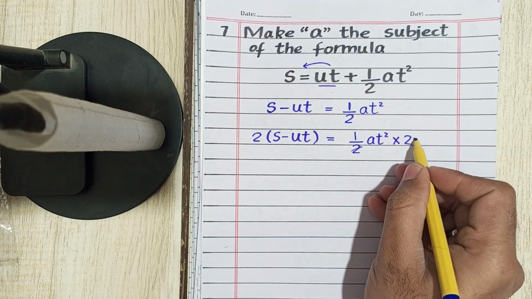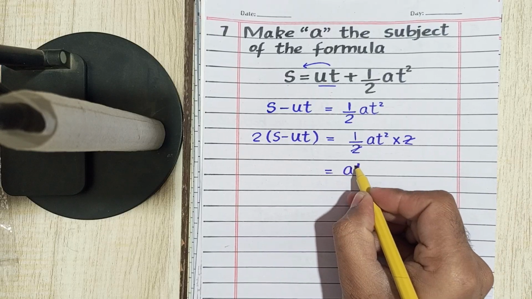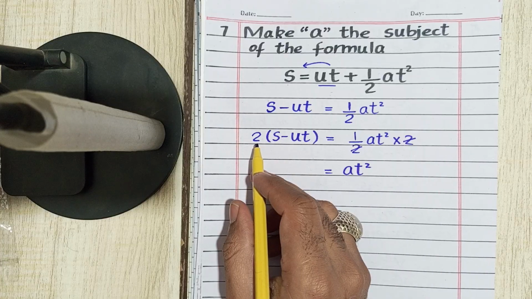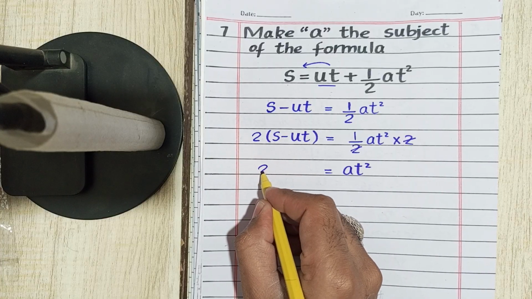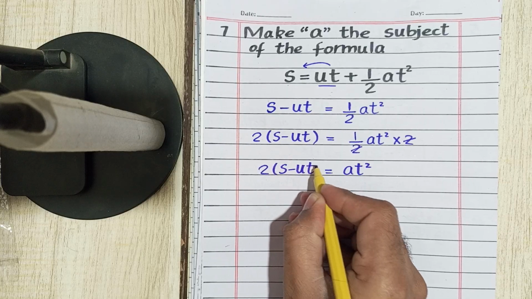So these 2 cancel with these 2. So we have only a t square, and here we have 2 into s minus ut.